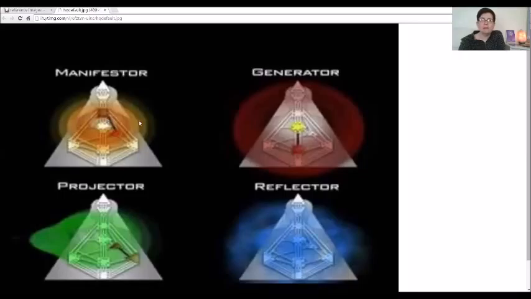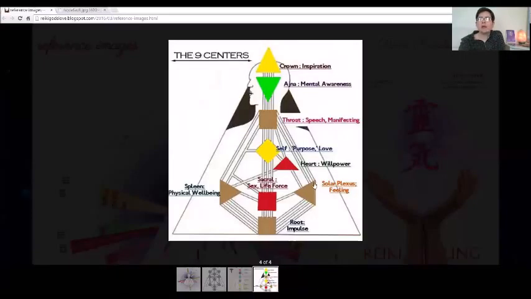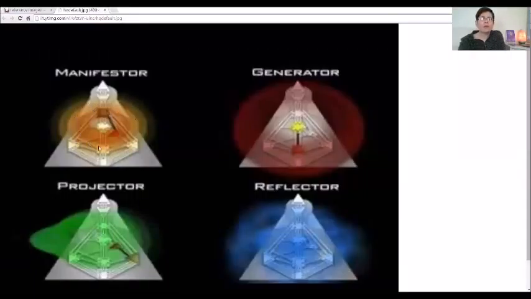About 8% of people are manifestors, which means that they have one of the other motors connected to the throat than the sacral. So the heart, the solar plexus, or the root, I believe. It could be the spleen. And so they have a very tight aura type.